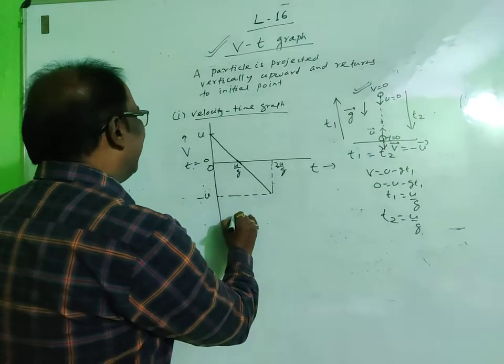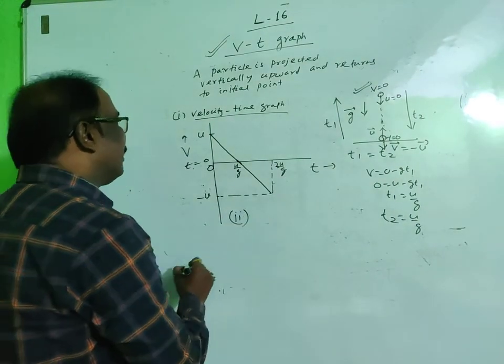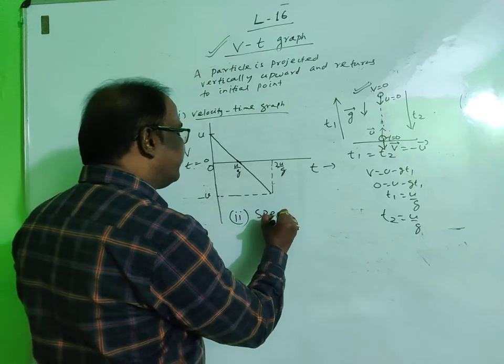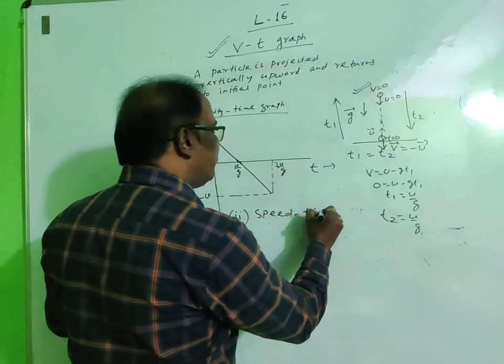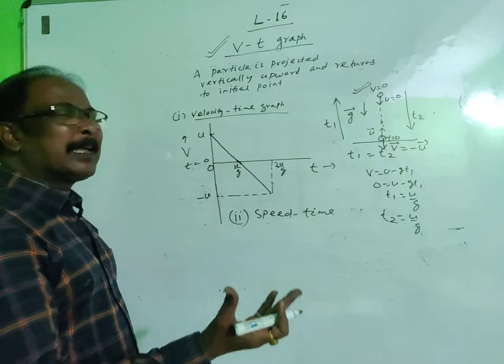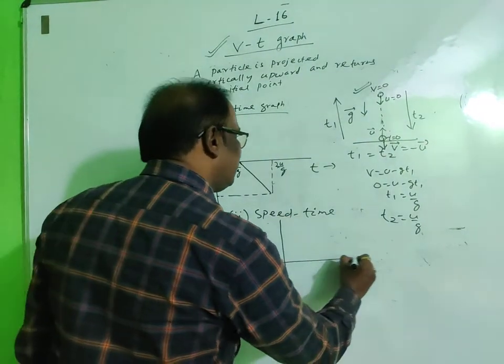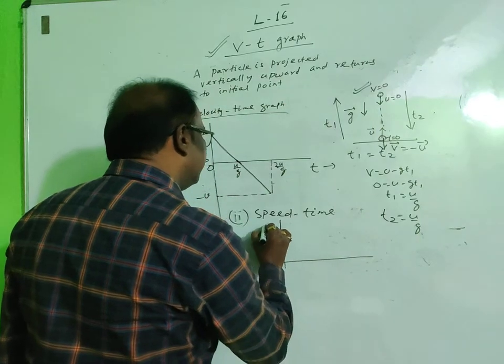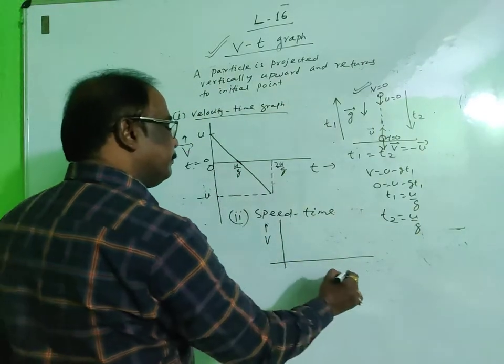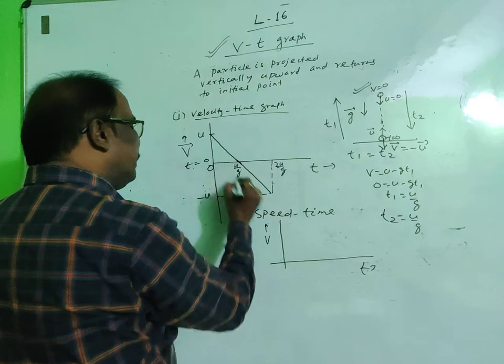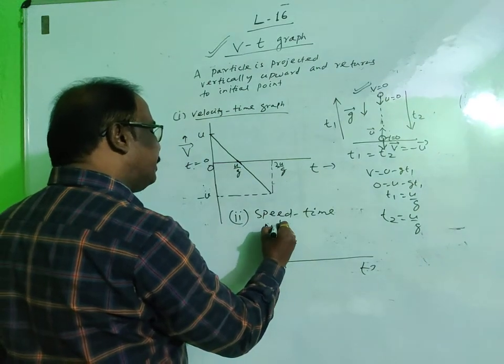Now I will do another graph, the speed time graph. Speed is scalar. This is speed, this is time. Again a similar thing: initial speed is u.